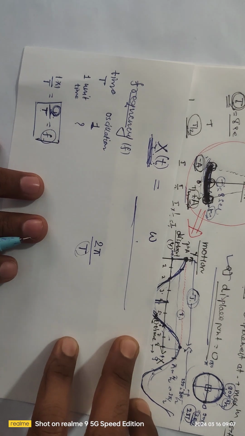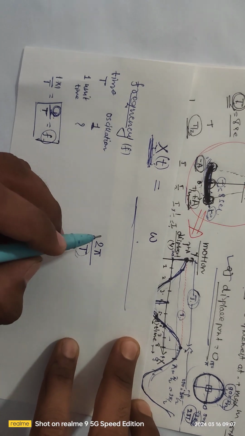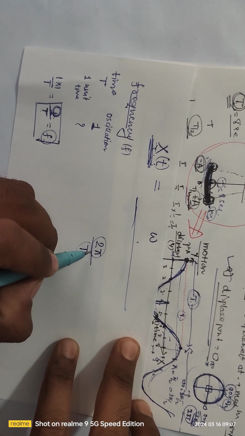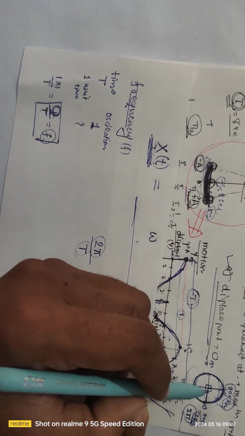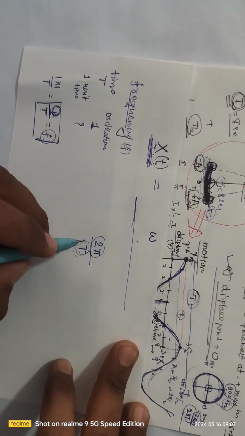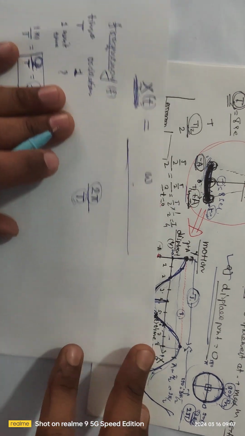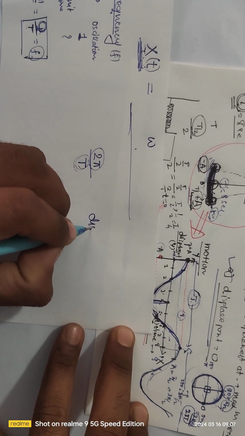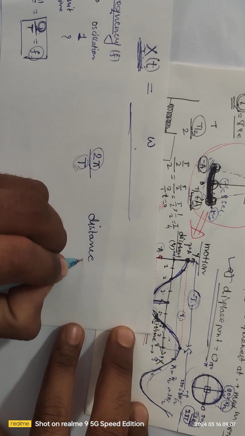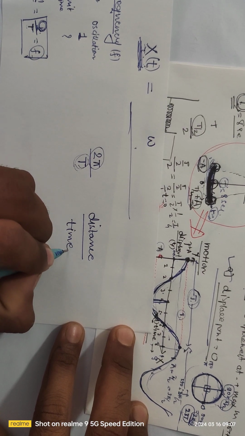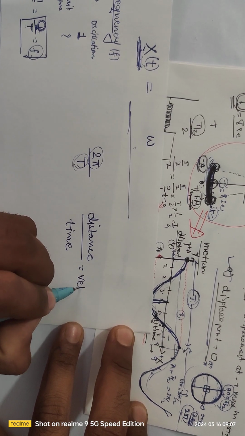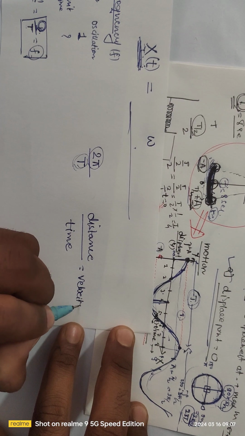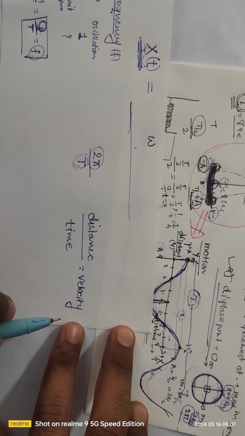But here we can see 2 pi is the distance in circular, and T is time. Distance upon time is called velocity.